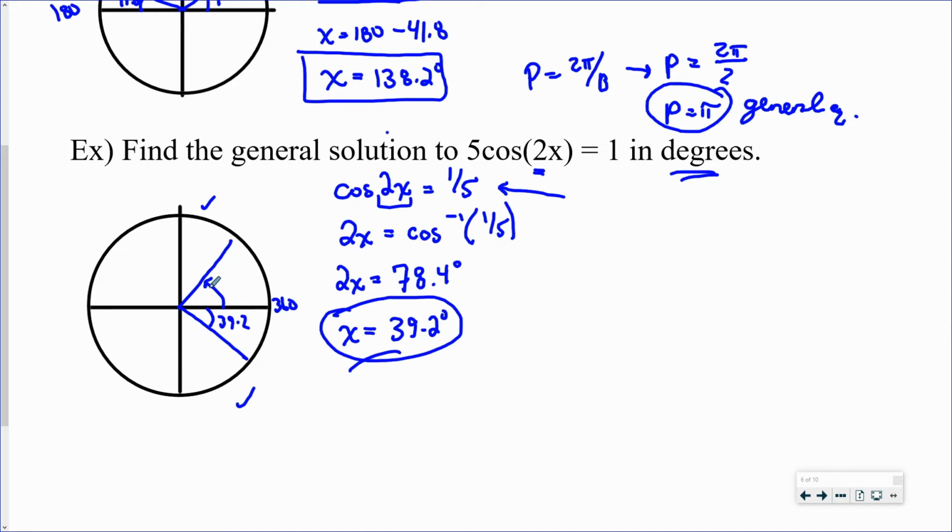Normally, you know this is 360, and you're going to rotate all the way around and go like this. The problem is that one cycle of cos is happening in pi degrees, or 180 degrees. So if you're going to go 360, to find this angle, normally you would go 360 subtract your reference angle, which is 39.2, but you need to divide this by the b value.